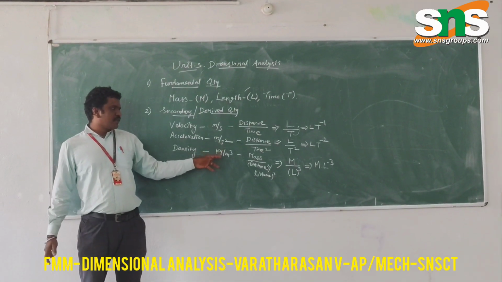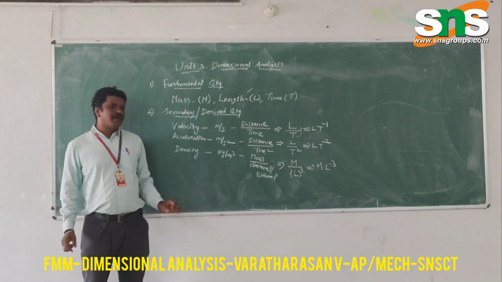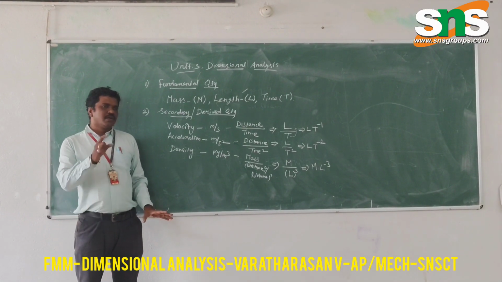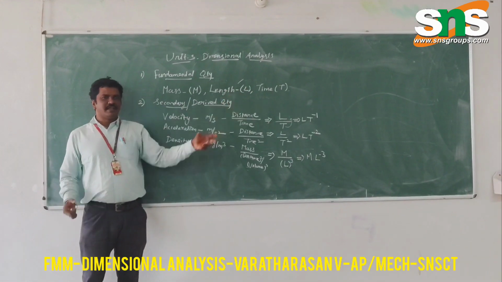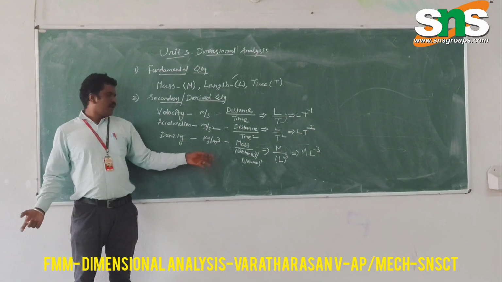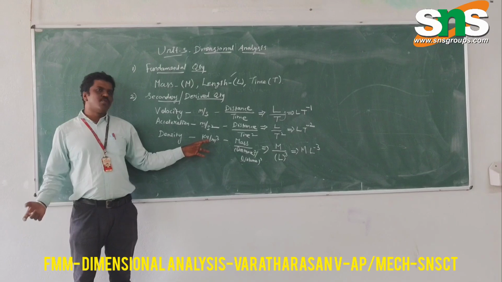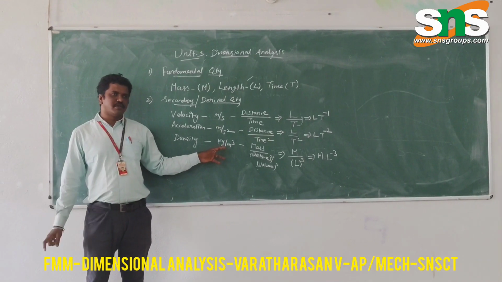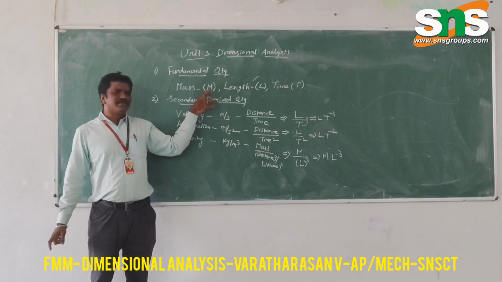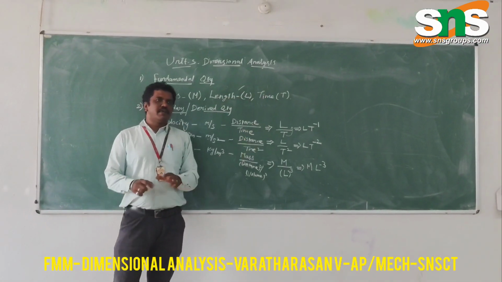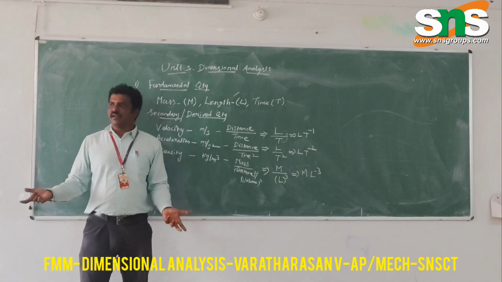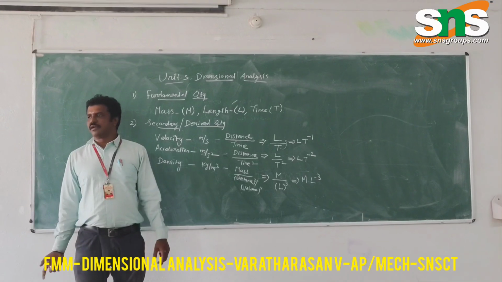So meter per second square, kilogram per meter. Whenever the meter comes, you can directly write L. L is the length. Wherever it is related to mass, kilogram, you can directly write capital M. And the same thing, wherever we use a second, it will obviously be related to time.